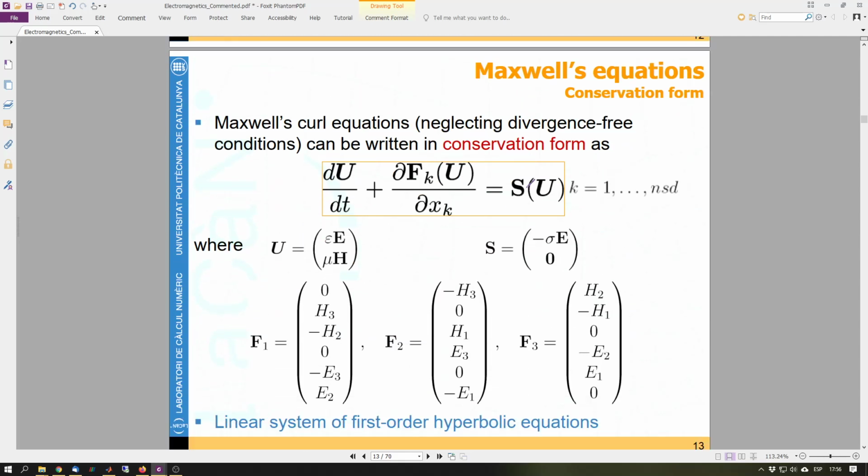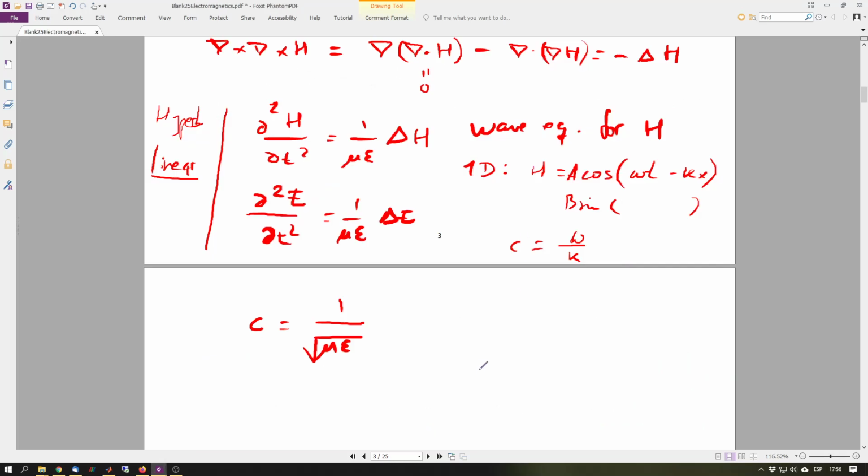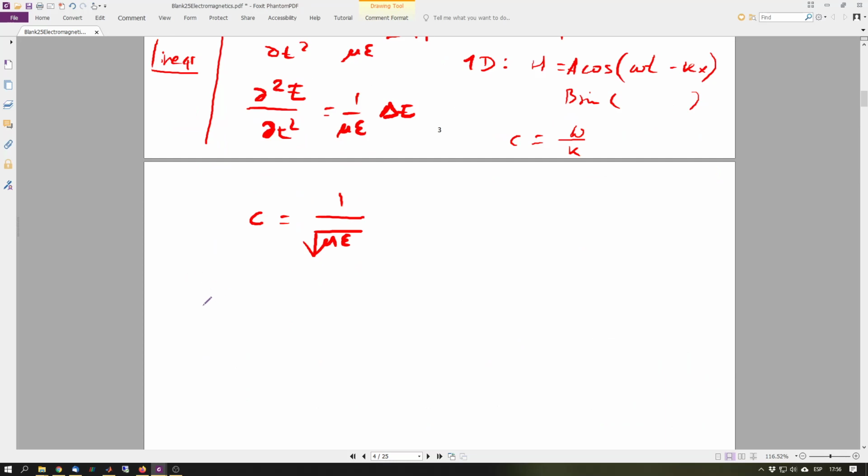And we can write it in that manner. Let's have a closer look at how our equations look. We have as our unknowns u equals epsilon e and mu h, and we look at the form of the equation.